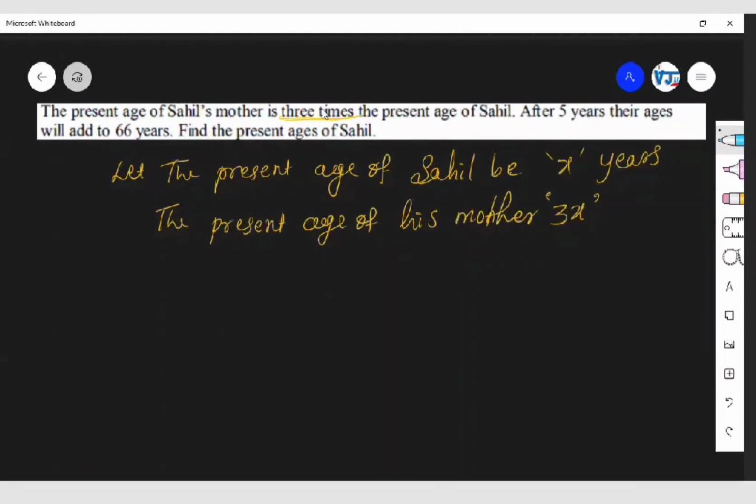Okay, and after that, see here, after 5 years, their ages will add to 66 years. This is the present age. Present age is x and 3x. What about the age after 5 years?